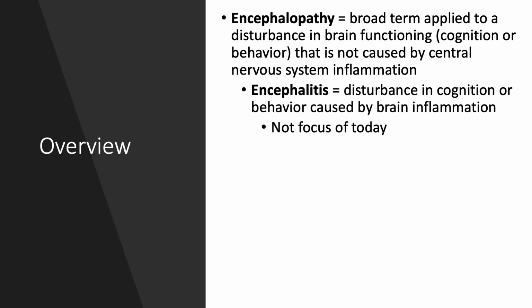Once you are in the realm of inflammation, remember itis means inflammation. So once you have evidence of inflammation, then you are talking about an encephalitis. And encephalitis is not the focus of today's talk, but there are quite a lot of overlaps, so we may mention it as needed.